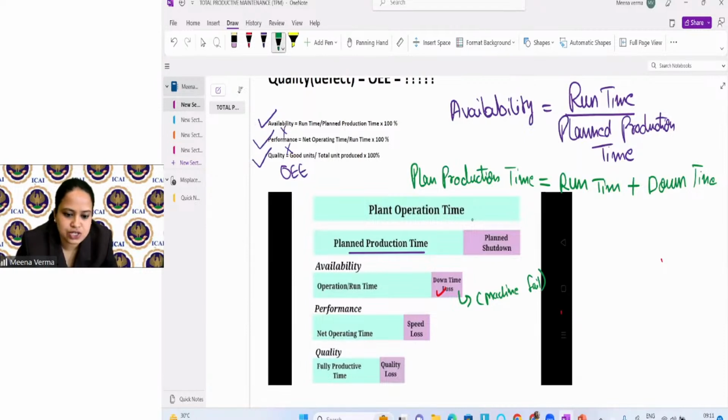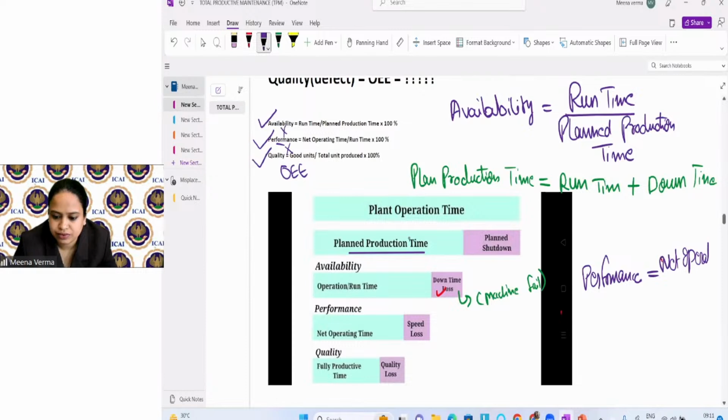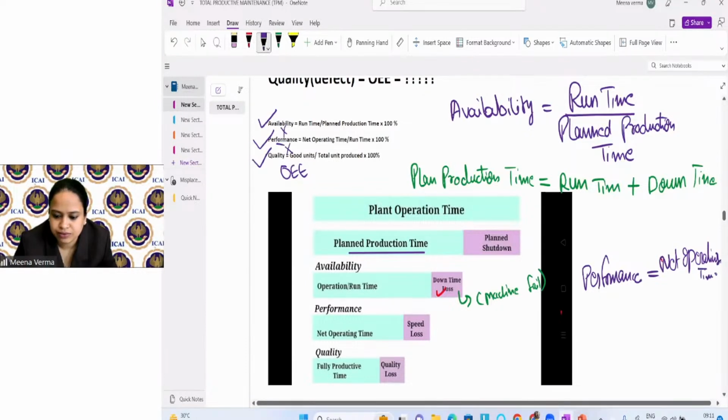Next, after availability, you have to calculate the performance, right? So performance is equal to what? Net operating time divided by runtime.